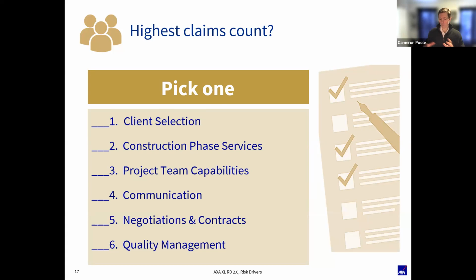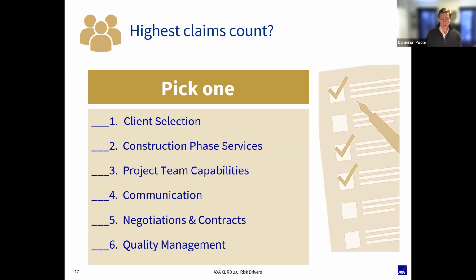You communicate with the owner, communicate back with the contractor, coordinate with your consultants. The owner might have consultants that you need to coordinate with too. So communication is really key. And honestly, in a lot of ways, it's only become more difficult with people doing things more remotely. You're not having those in-person meetings. It leaves more room for potential miscommunications. So communication certainly drives a good amount of claims.